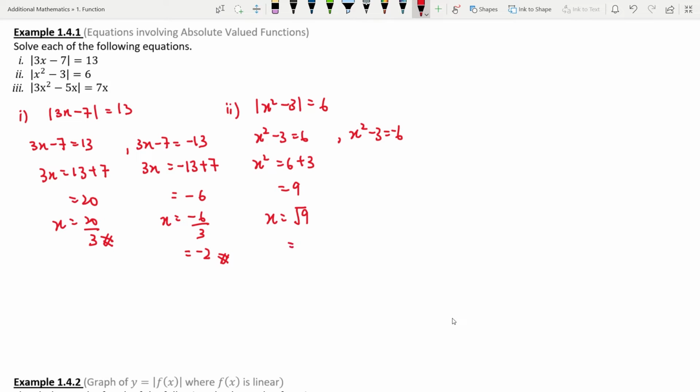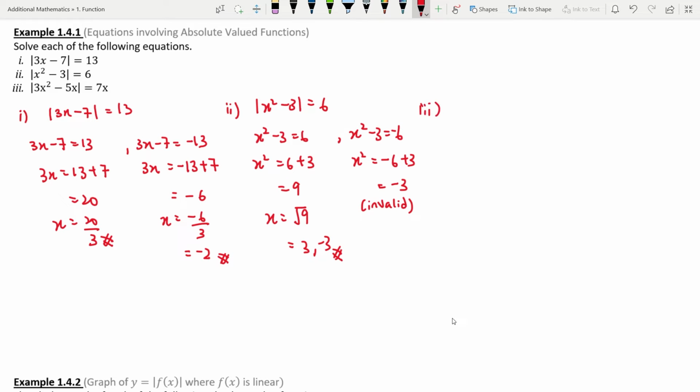We have 3 and negative 3. For the second one, we have x squared equal to negative 6 plus 3, which is negative 3. x squared will always give us a positive value. Therefore, this question is invalid.